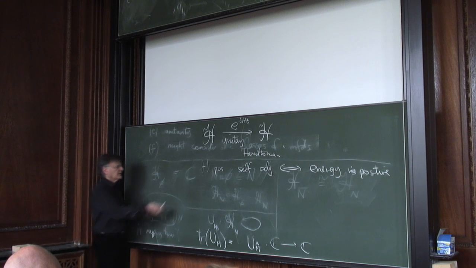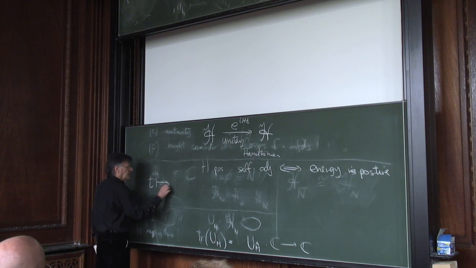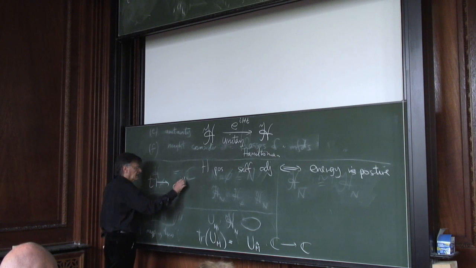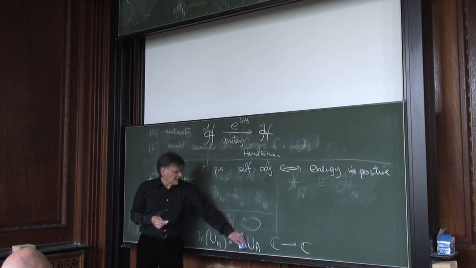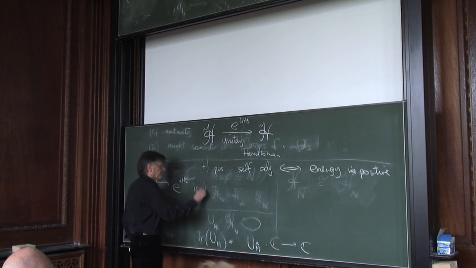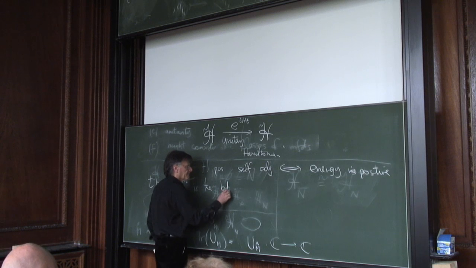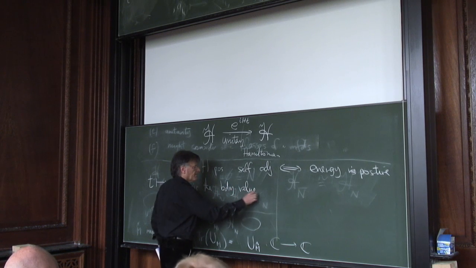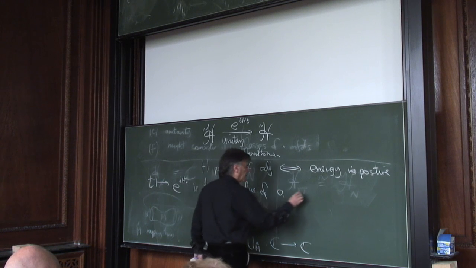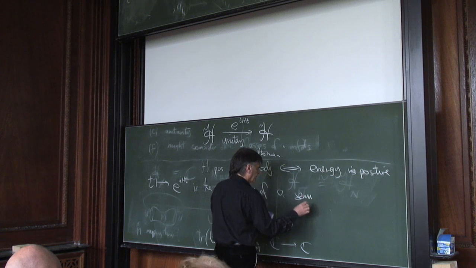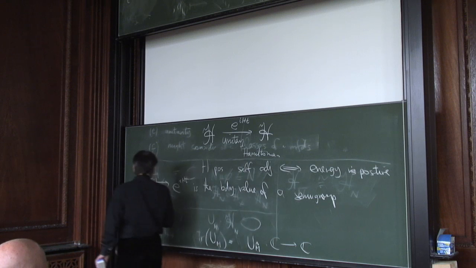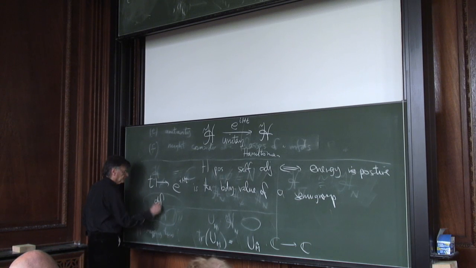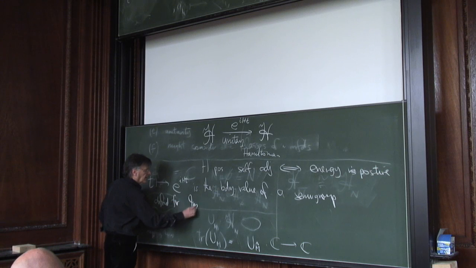So a good way of encoding this is to say that the function t to e to the iHt, which is a unitary semigroup, as written, is the boundary value of a semigroup defined for t in the upper half plane.